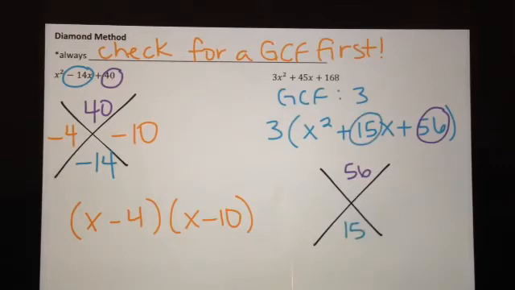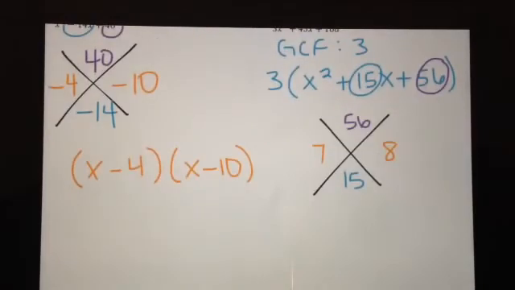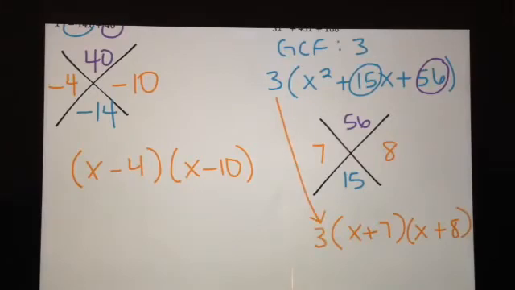And you can plug it in on your calculator to see what your options are. If you are good at multiplication, you might notice that the two numbers here are going to be 7 and 8. And so in my final answer with my factors, I have x plus 7 and x plus 8. And I cannot forget that GCF that I took out in the beginning. That has to go right in the front.